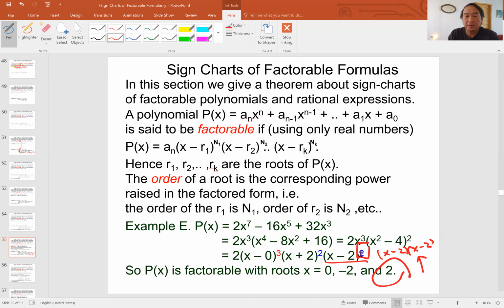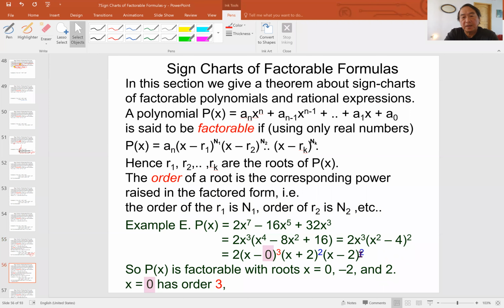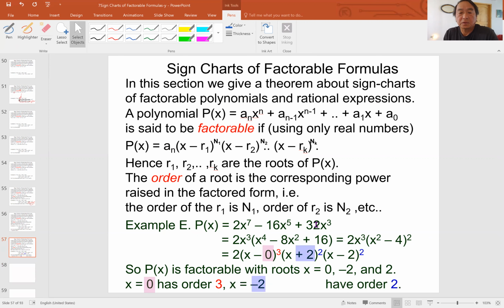So 0 has order 3, because it came from x to the 3rd power. The root x equal to -2 came with power 2, so it has order 2. Similarly, the root +2 has power 2, order 2.